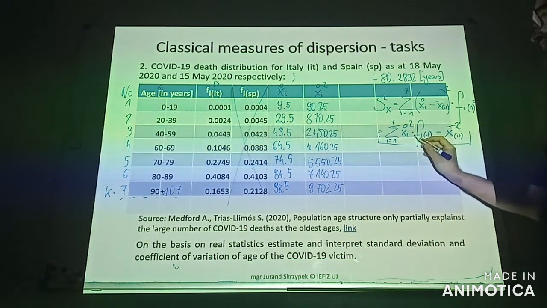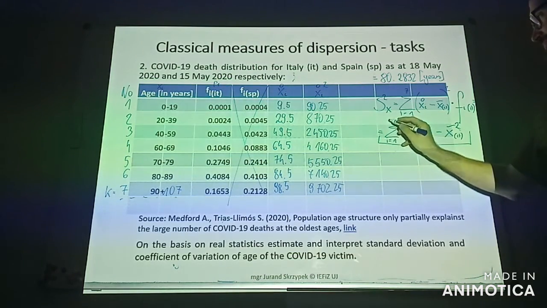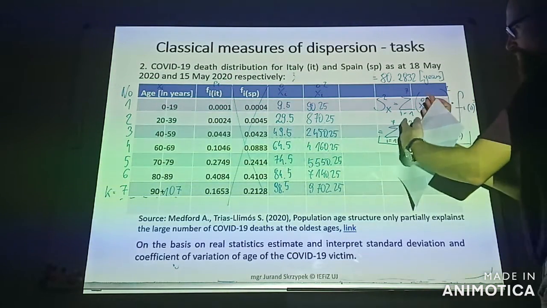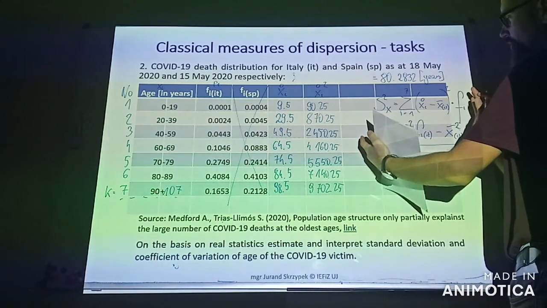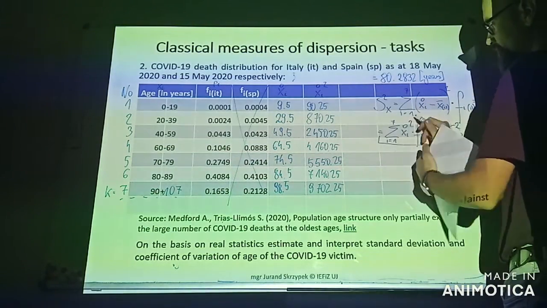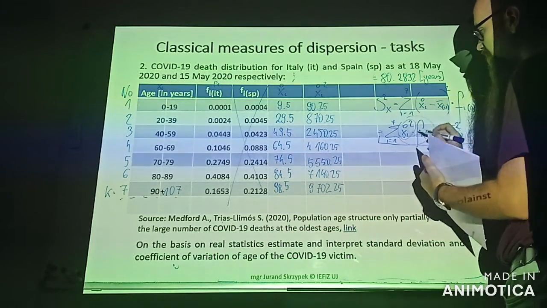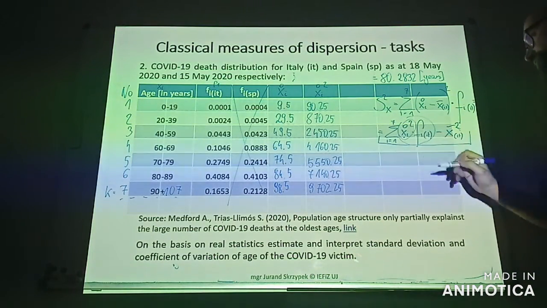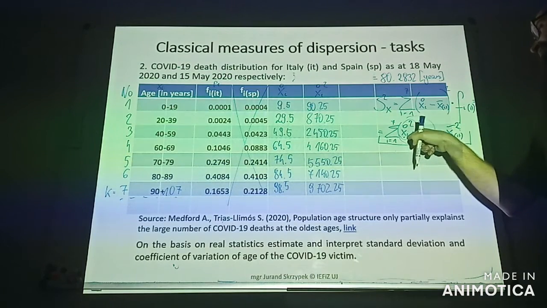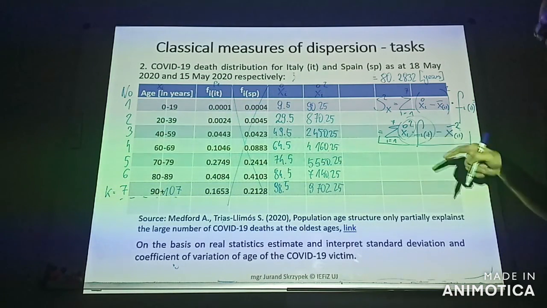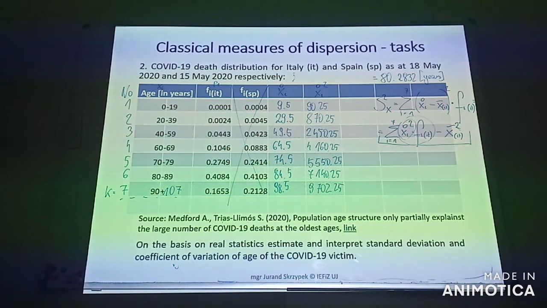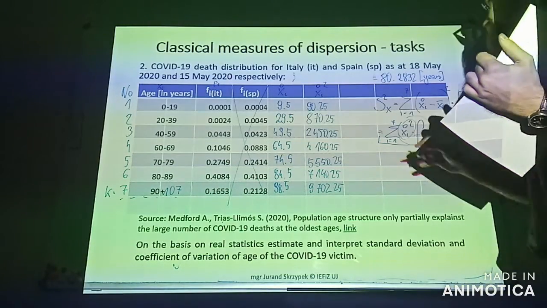Okay, and in the next step, as you can see, we are going outside this formula. Yes, this is our starting point, and after that I have the product. The product between what? Between the squared middle of the classes and the relative frequencies.